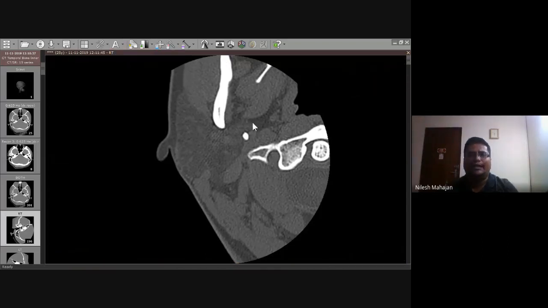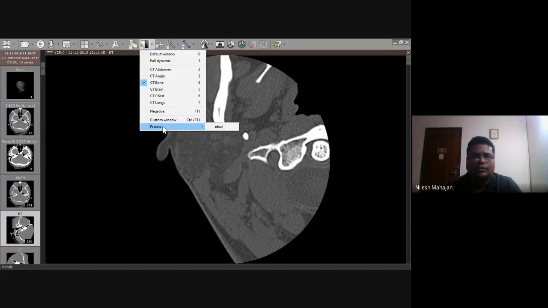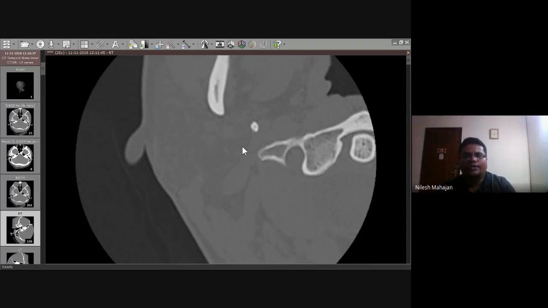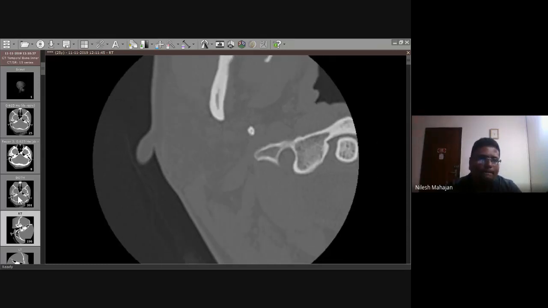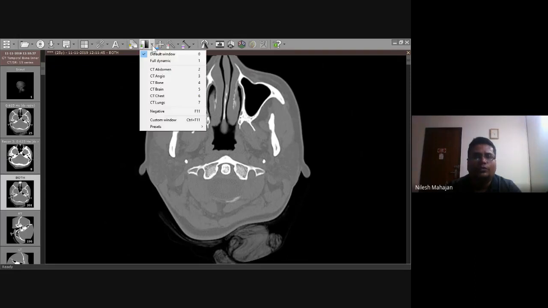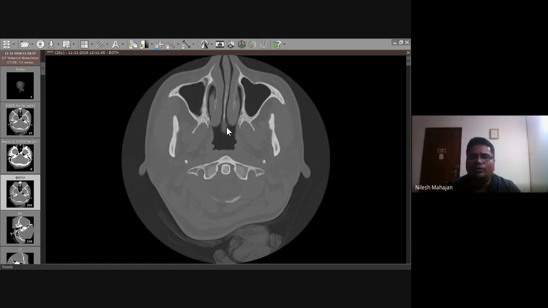Okay, so this is the right temporal bone, as we are seeing from the foot end of the patient. You should set your window. Sorry, we are going to see the nasopharynx, so it should actually be bilateral temporal bone. So we will see the nasopharynx area.